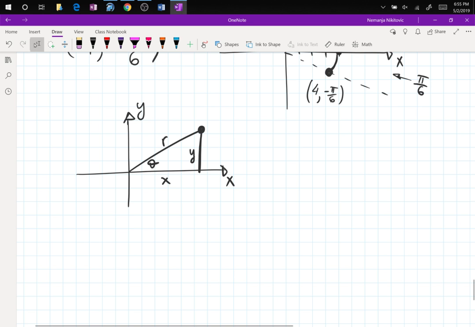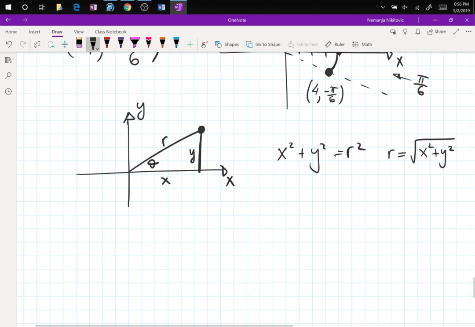Well, if you take a look at this, you would definitely see x squared plus y squared equals r squared, Pythagorean theorem. And if you solve this for r, you get r equals square root of x squared plus y squared.